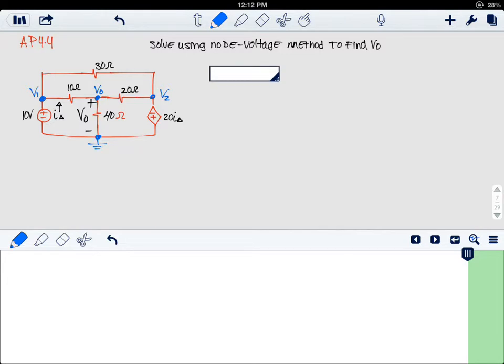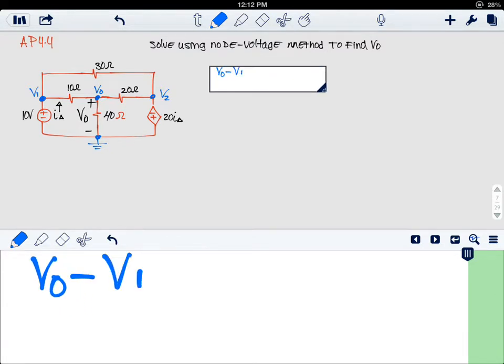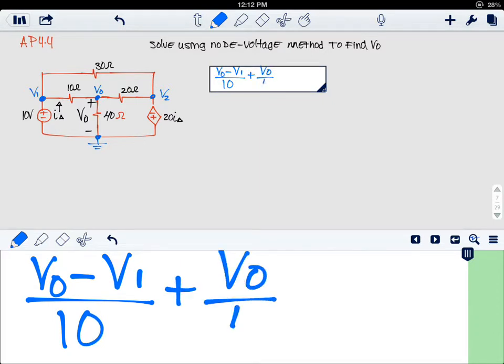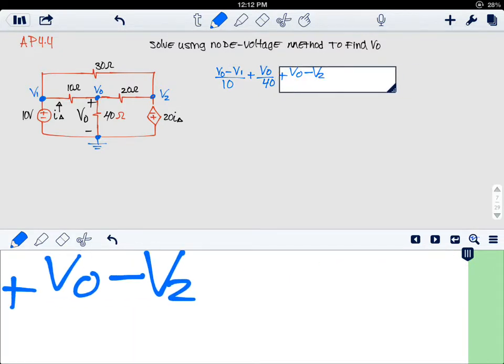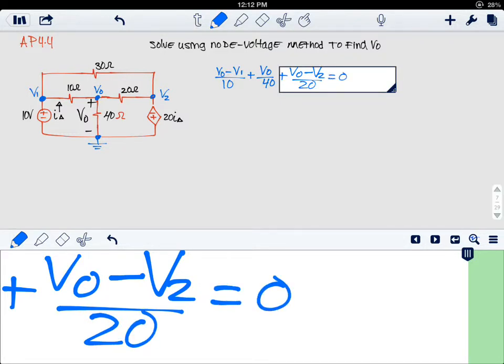What we're going to do is state the equation for VO, which is (VO minus V1) over 10 plus VO over 40 plus (VO minus V2) over 20 equals 0.